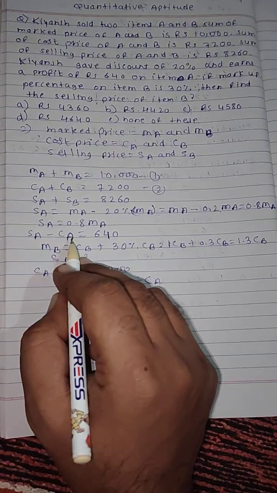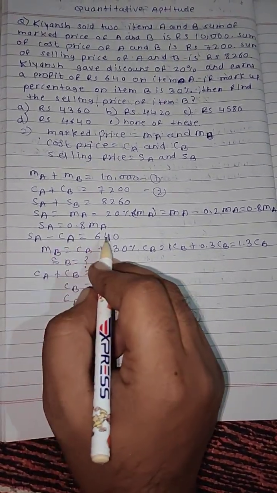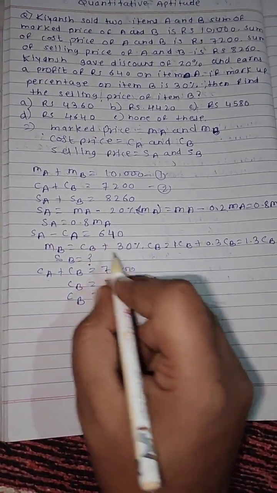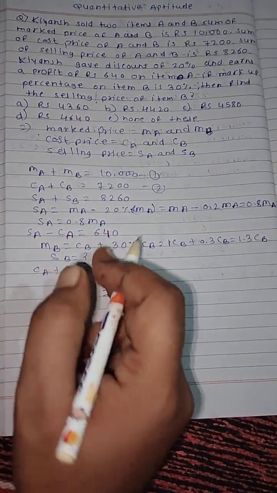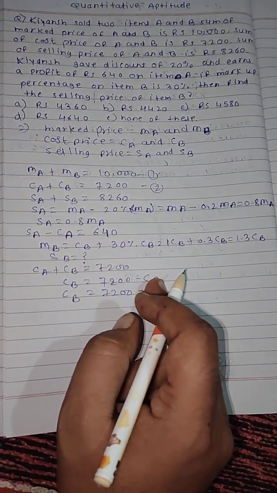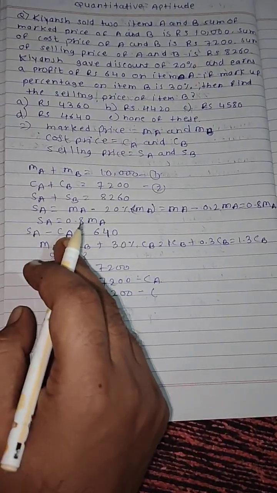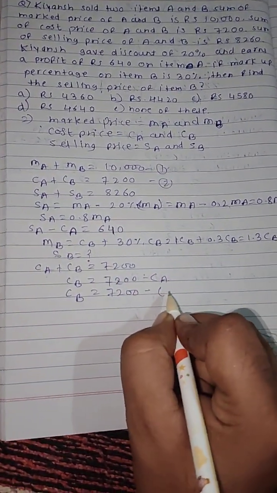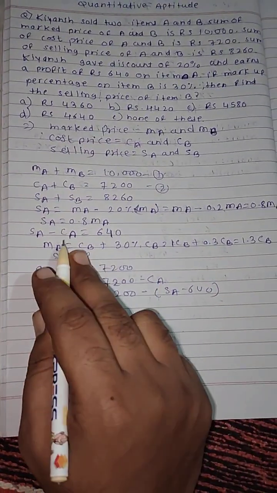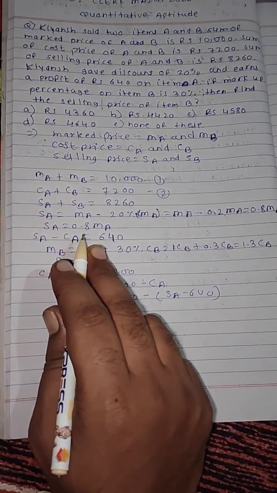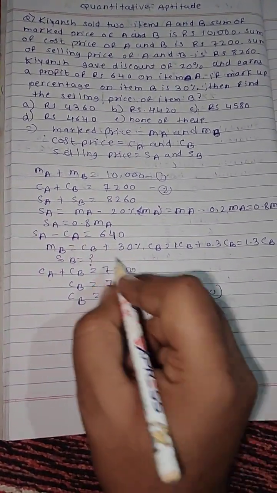How can we write CA? CA is SA minus 640. So from this equation, SA minus CA is 640. So from this we will write the value of CA. So CA will be SA minus 640.